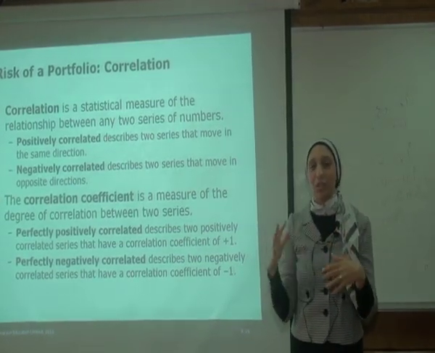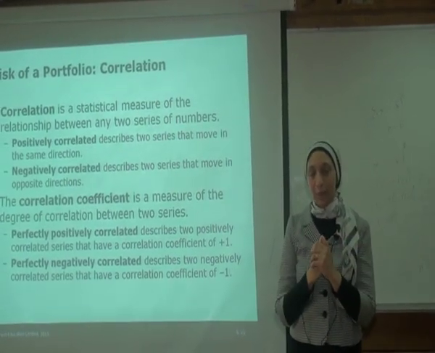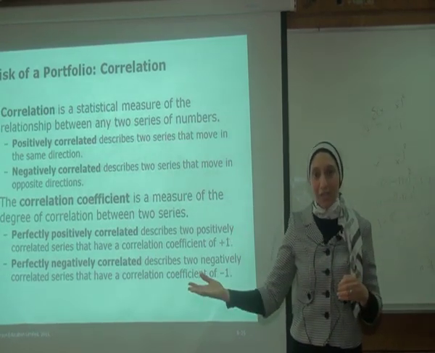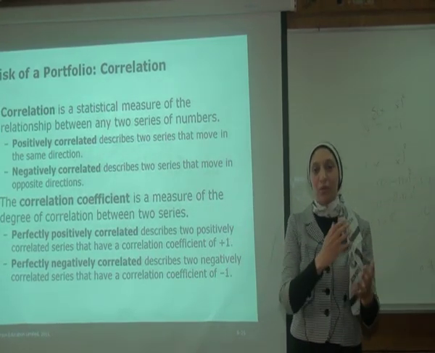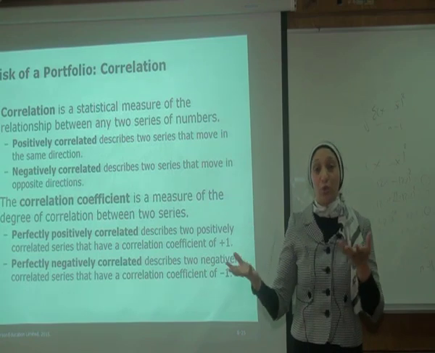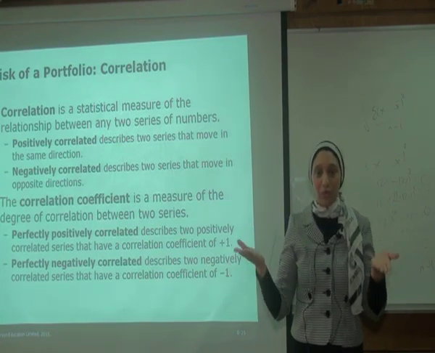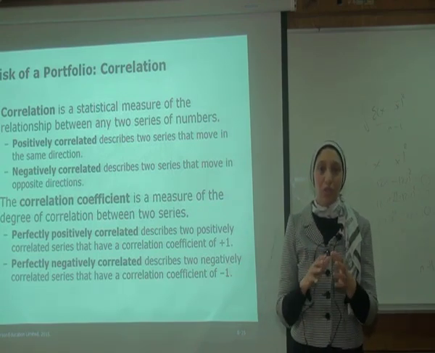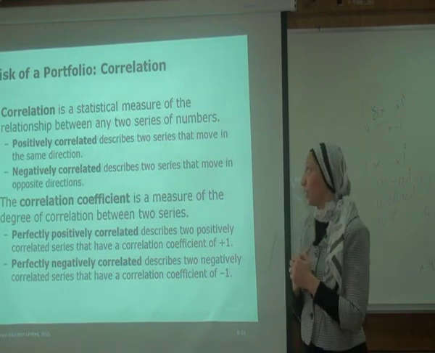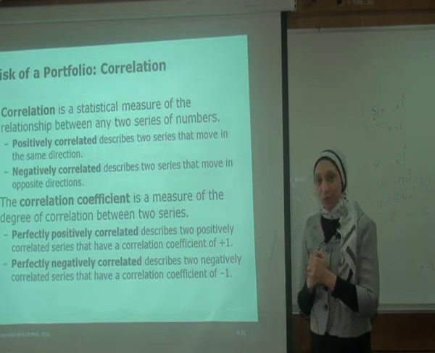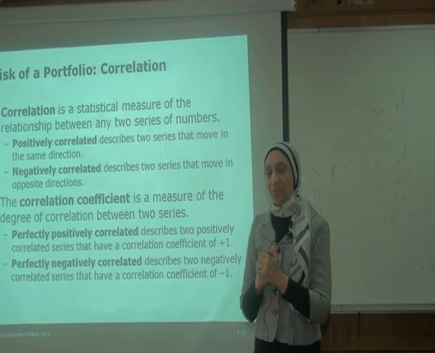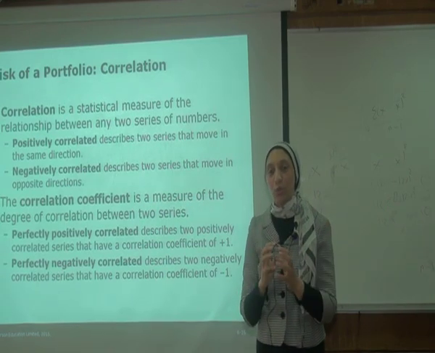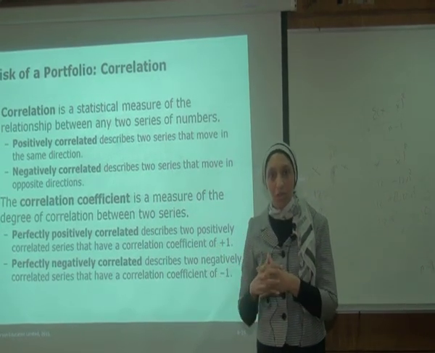Uncorrelated stocks means that they are not related to each other. When stock X rises or falls, it doesn't matter for stock Y. They are not moving together, or in the opposite direction. They are uncorrelated.